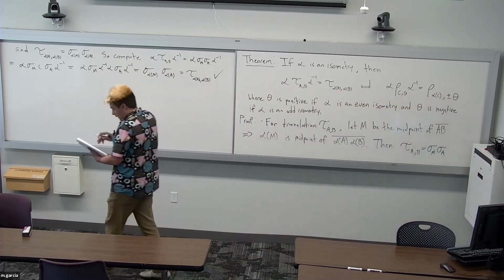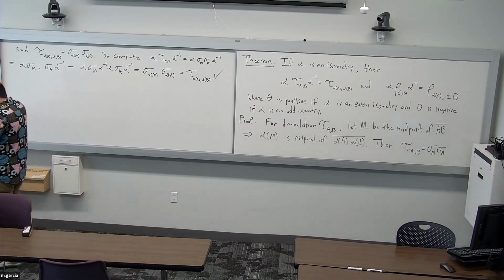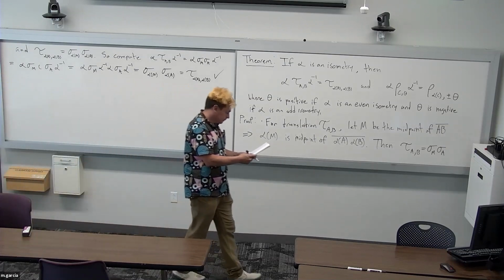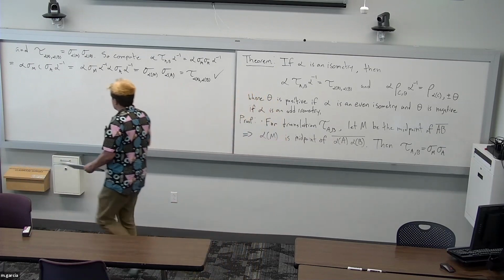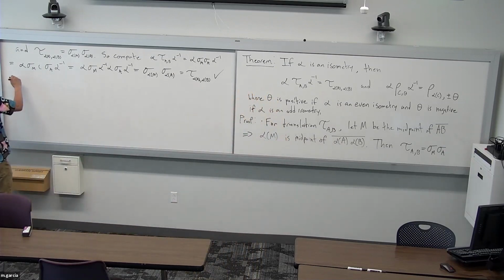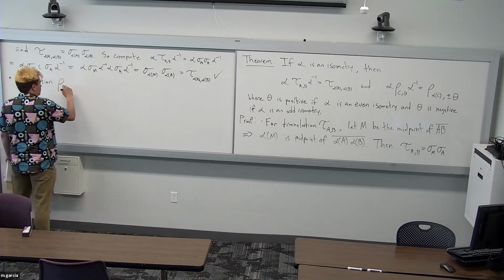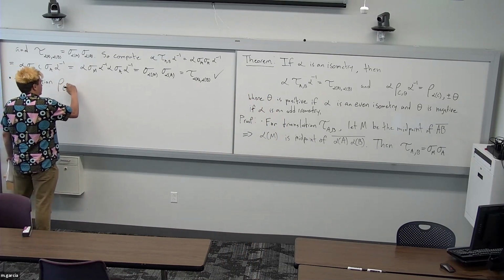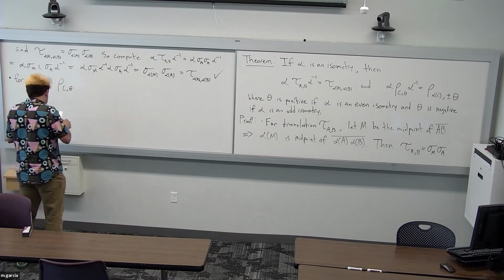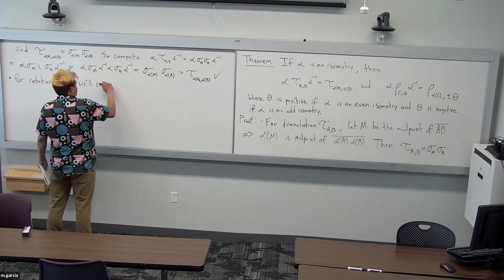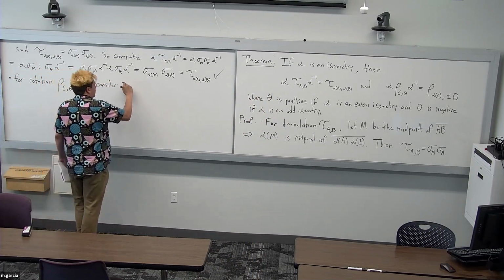So let's finish up on rotations, and I think maybe that'll be it for the day. Okay, so let's say for rotation, rho sub C comma theta, we'll consider three cases.